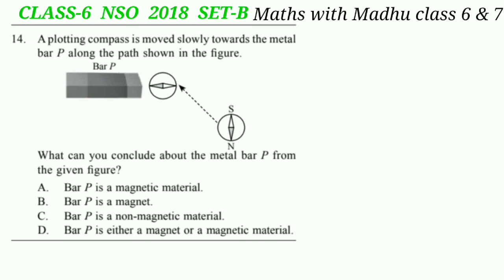As the compass approaches P, its north pole is attracted to the S pole of magnet P as shown in the figure. If bar P is a magnetic material, the S pole of the compass will induce a N pole in the material, then the system is as shown in the figure. So the correct answer will be option B. Bar P is a magnet.